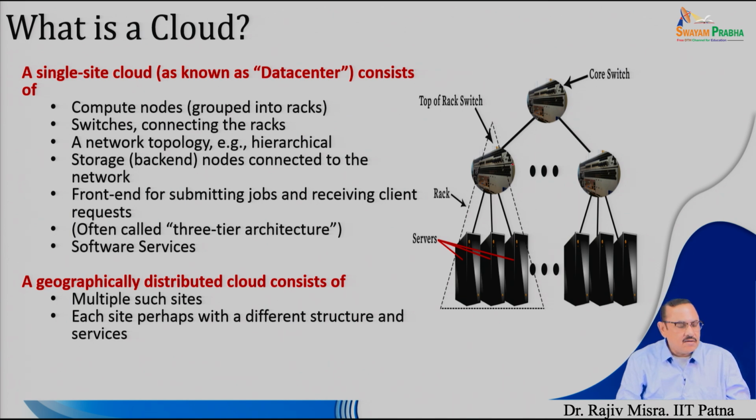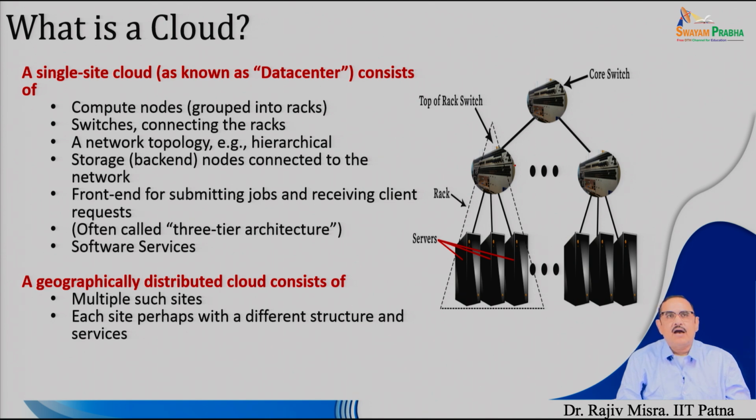These racks are connected with the help of a tree-like topology called 3-tier architecture. The front end for submitting the jobs and receiving the client requests is enabled here, and different software services are supported to access this data center in a client server architecture.